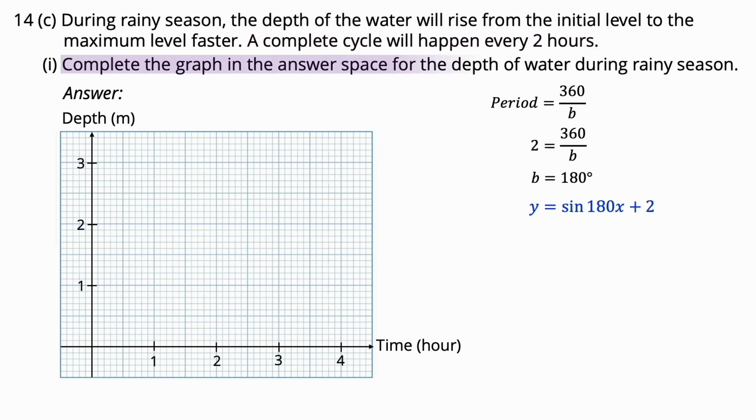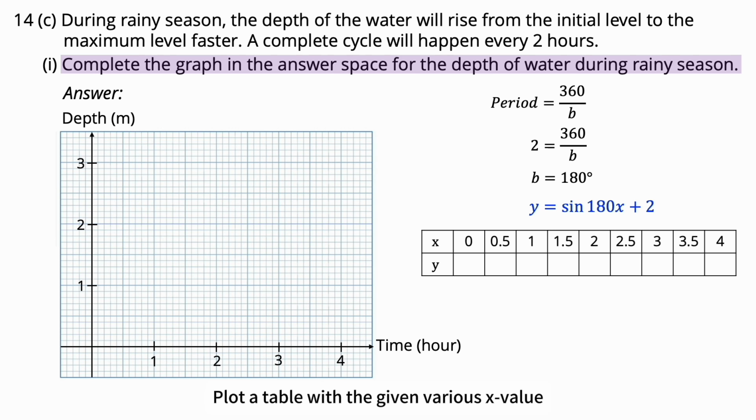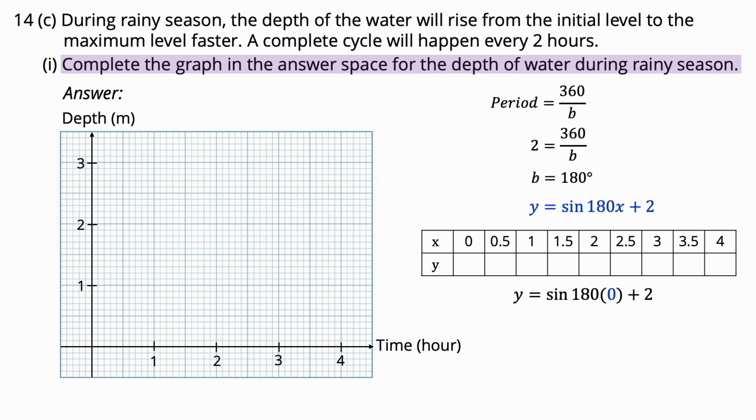Complete the graph in the answer space for the depth of water during the rainy season. Plot a table with the given various x values. Calculate the value of y through the equation obtained. When x equals 0, y equals 2. When x equals 0.5, y equals 3.